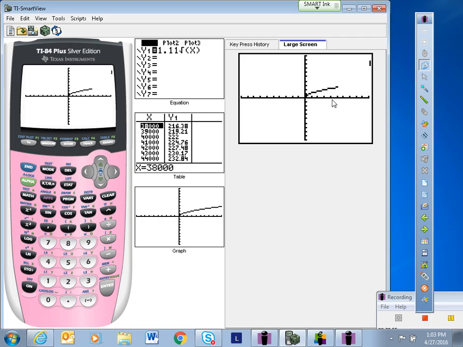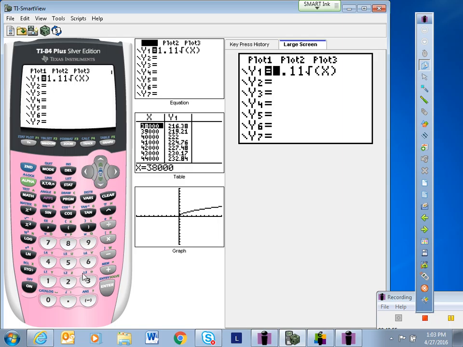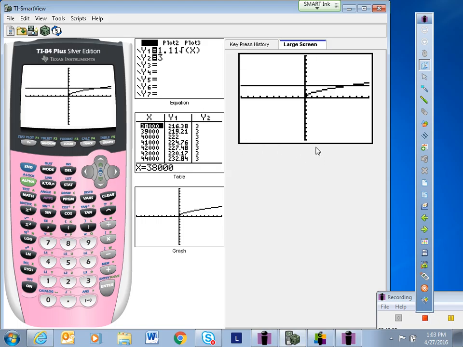Now, I want to know what is the x when the y is 3, right? What if I go over here to y equals, and I say, what about when y is 3? Isn't that easy?